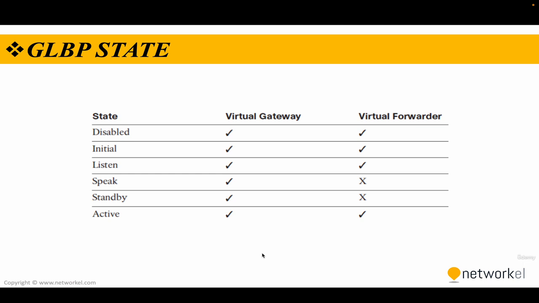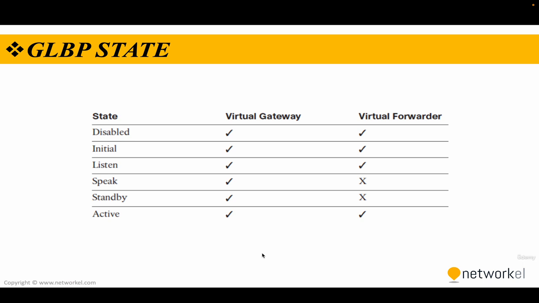So there are GLBP protocol states for the virtual gateway and the virtual forwarder. We have the disabled, initial, listen, speak, standby, and active states for the virtual gateway, but the virtual forwarder does not have the speak and standby states.